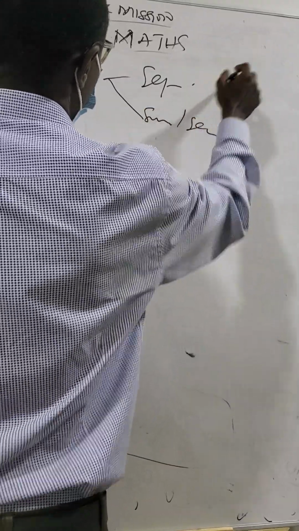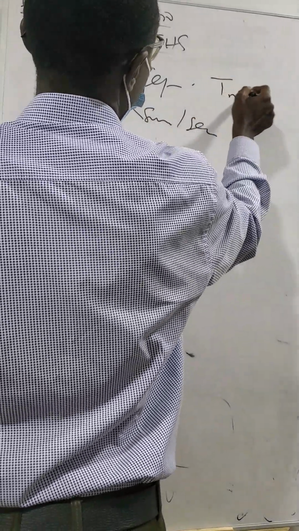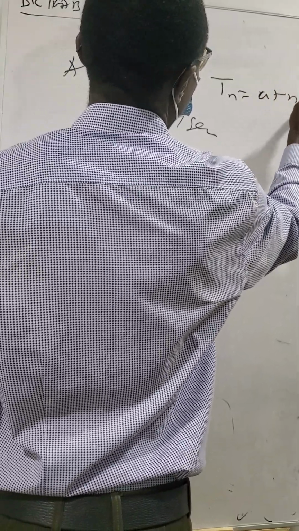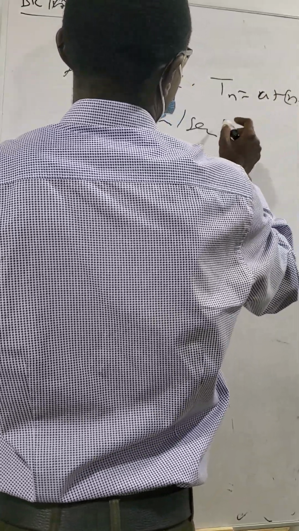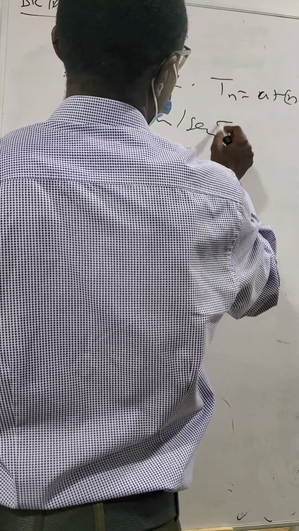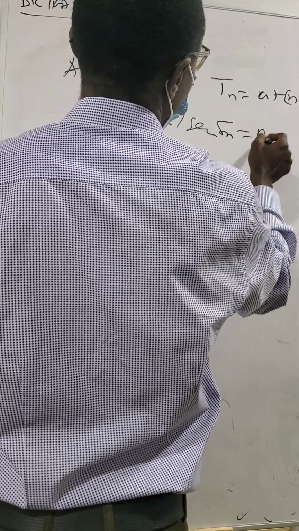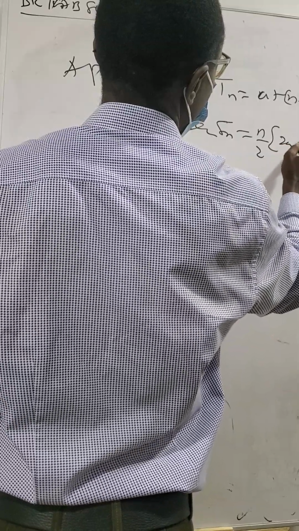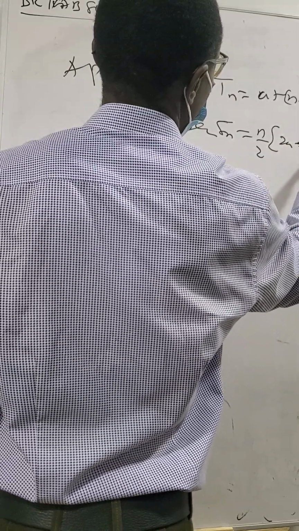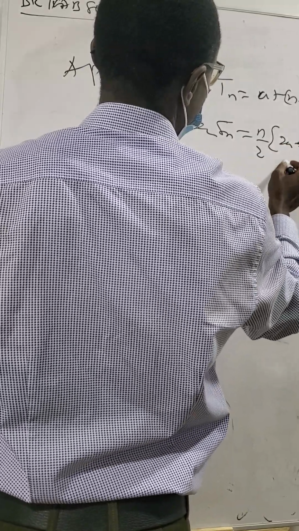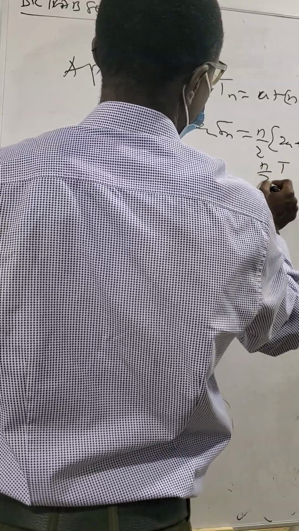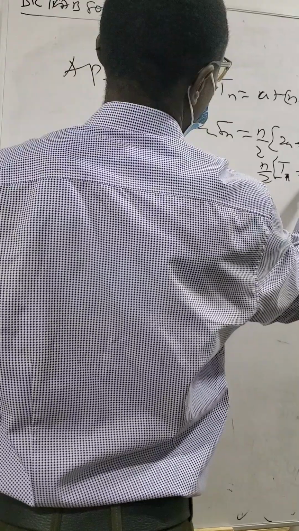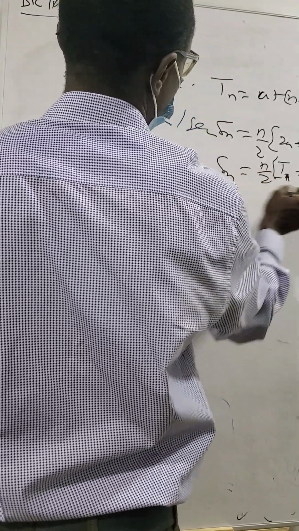The formula we know is Tn equals a plus (n minus 1)d. And the summation is Sn equals n over 2 times (2a plus (n minus 1)d). This can also be rewritten using T1, the first term, and T final. This is a simple way to remember.